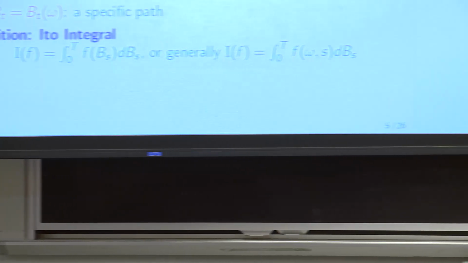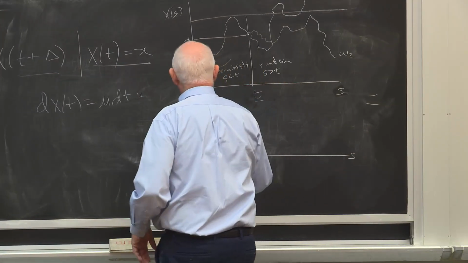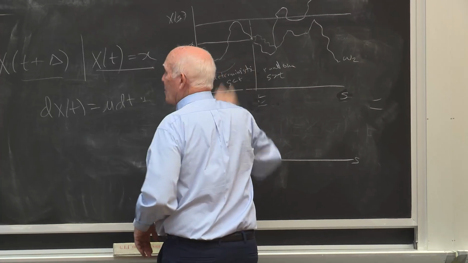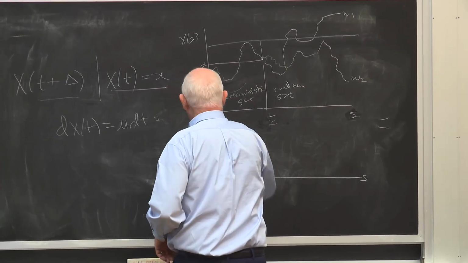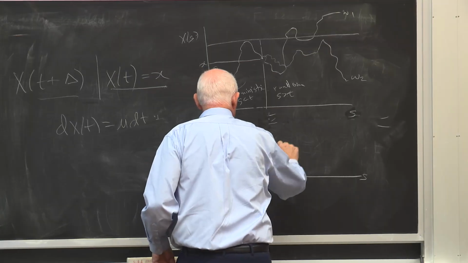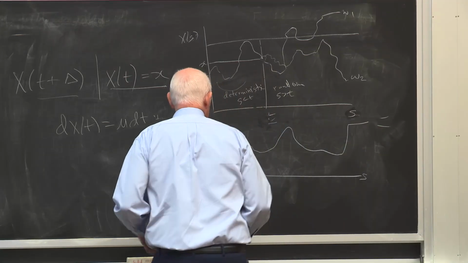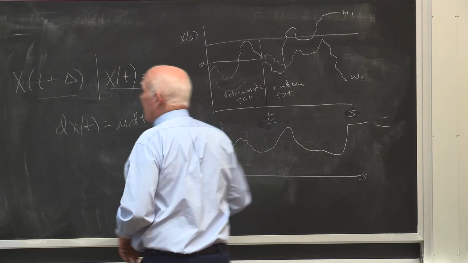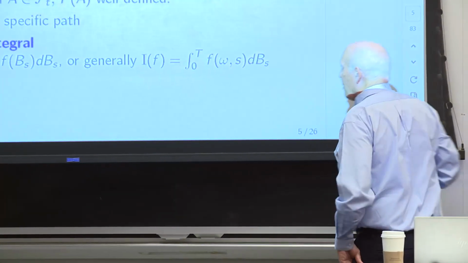With a companion graph with the same x-axis as our Brownian motion, we could have f being some function which varies, and we want to integrate this function f evaluated at the Brownian motion.